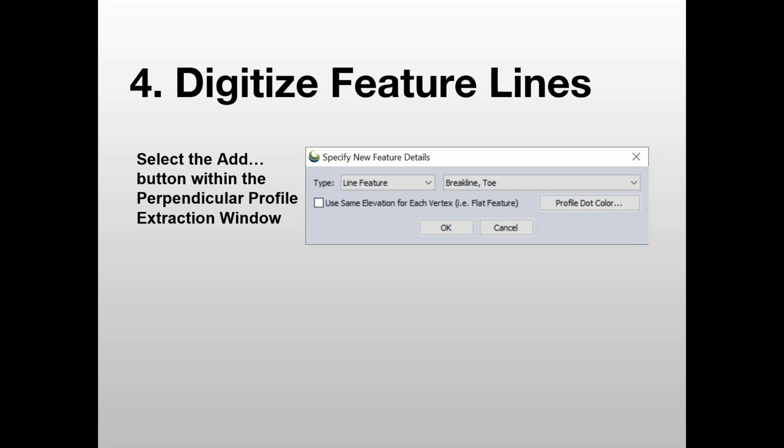So for the type, we pick line feature, and then you can set your line color at this point. We're going to be extracting 3 different feature lines, so we would use 3 different colors. We typically use red, green, and blue.